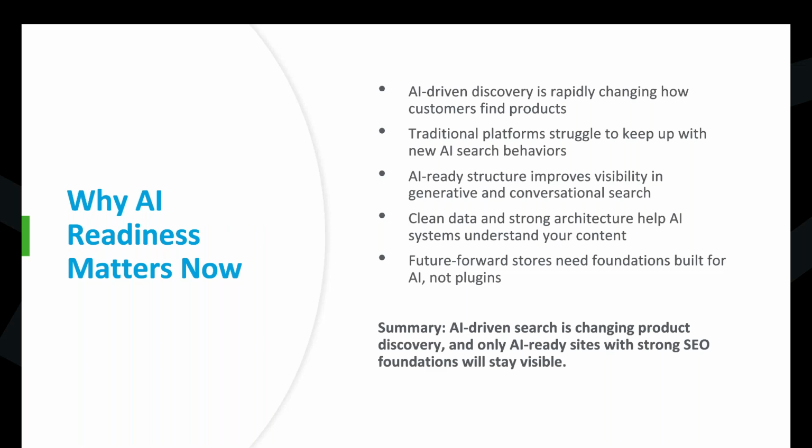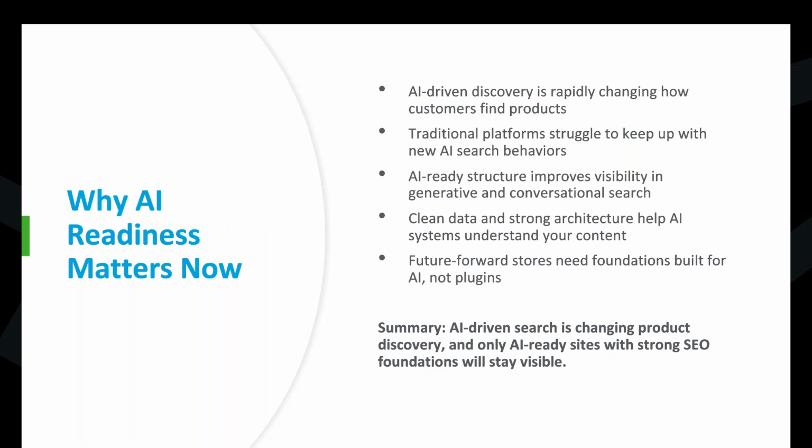So when those pieces are in place, your products surface more often and more accurately in both traditional search results and these new AI-driven experiences that we're seeing. This, in short, means AI readiness is not optional anymore. It's becoming one of the core drivers of visibility and long-term e-commerce growth.